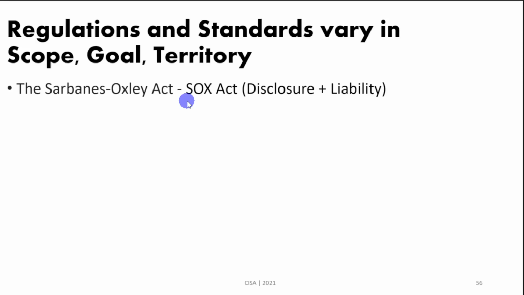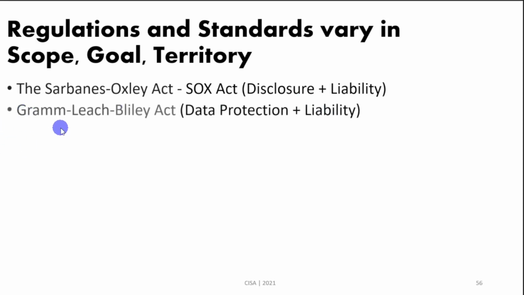It requires organizations working in the US market and related to the SEC to disclose their reports and do testing after disclosing, and it enforces liability on the board of directors and senior management by requiring them to sign the financial reports. We also have another regulation, the Gramm-Leach-Bliley Act, which is related to data protection and reliability.